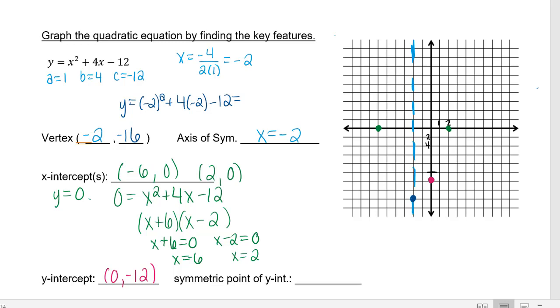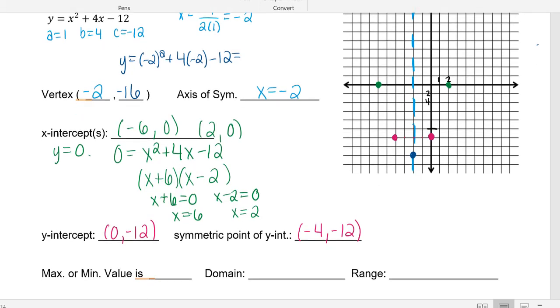To find the symmetric point, I'll go from my y-intercept to my axis of symmetry, 1, 2, and then 2 over onto the opposite side, just reflecting that point. So then that symmetric point of my y-intercept would be (-4, -12). The y value of my symmetric point stays consistent. The x value is the one that changes.